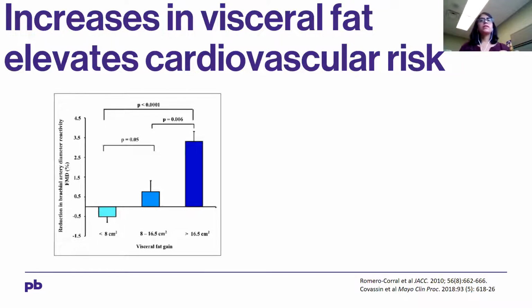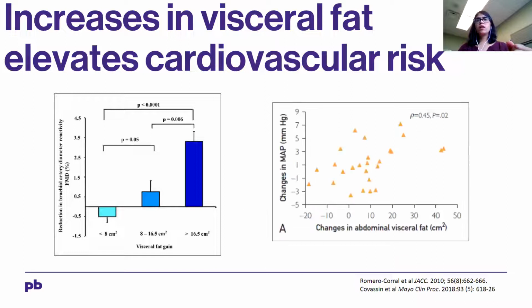I want to look at this graph over here. If you were an individual who had gained a lot of visceral fat, the amount of dysfunction you saw was huge. And if you had less of a visceral fat gain, there wasn't really much happening. This suggested that increases in visceral fat were the main factor responsible for the cardiovascular risk.